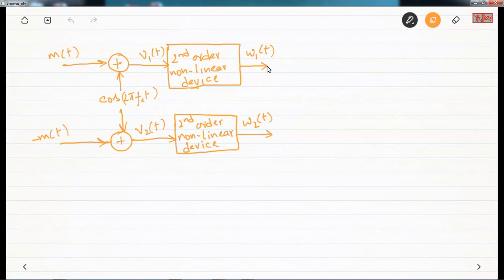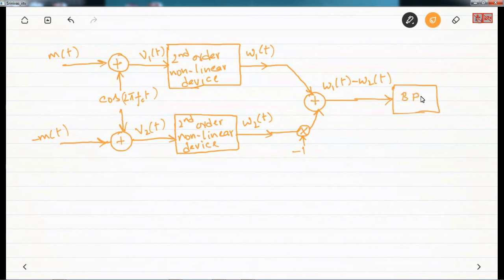So let's give it to an adder again. Here I will multiply with minus 1 and then give this to the adder. So this resultant will be W1 of t minus W2 of t, right? So this output I am giving it to a BPF, band pass filter, and its output will be, what is this output?